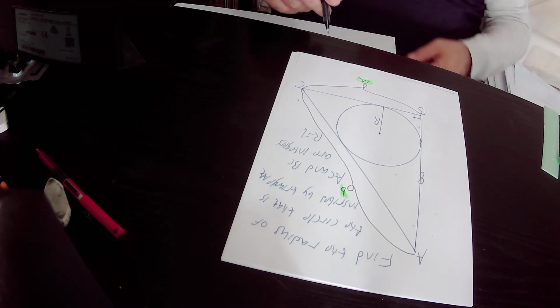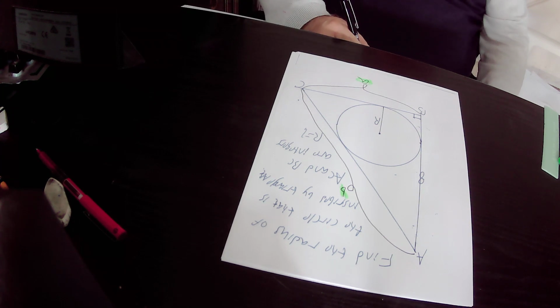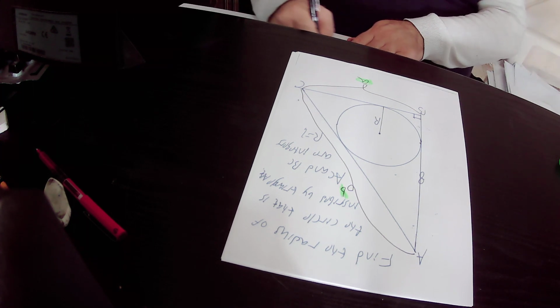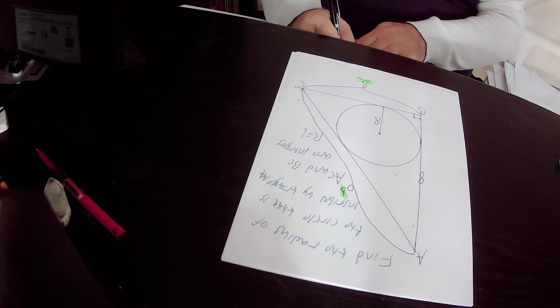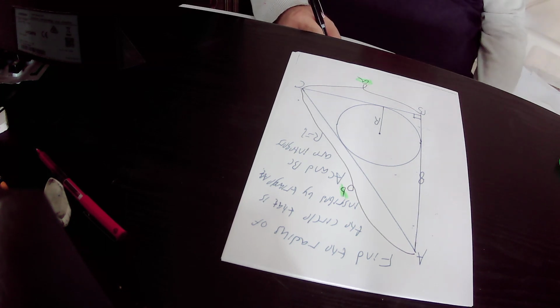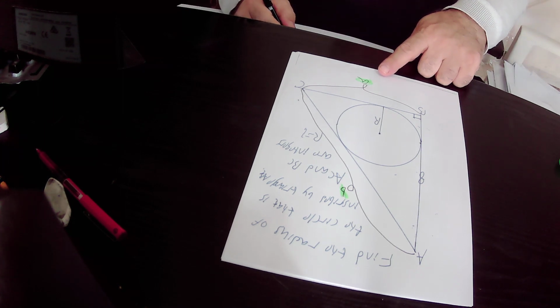According to our definition, AC equals B, so AC square will be equal to B square, and it is equal to AB square. AB equals 8 units, so AB square is 8 squared, that is 64, plus BC square. BC equals A according to our definition, therefore BC square will be equal to A square.